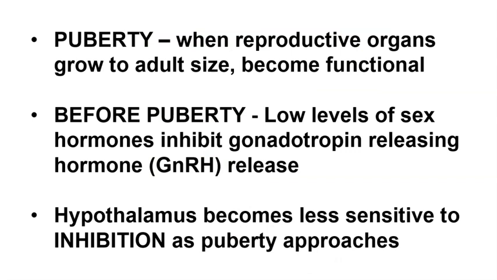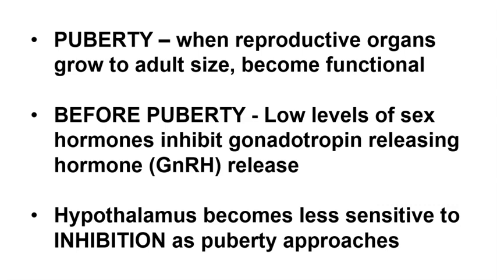Puberty is defined as the time in which the reproductive organs grow to adult size as well as adult functionality. Prior to puberty, the gonads don't release many of their steroid sex hormones into the bloodstream, and these low levels of hormone actually inhibit the hypothalamus from releasing its gonadotropin-releasing hormone.